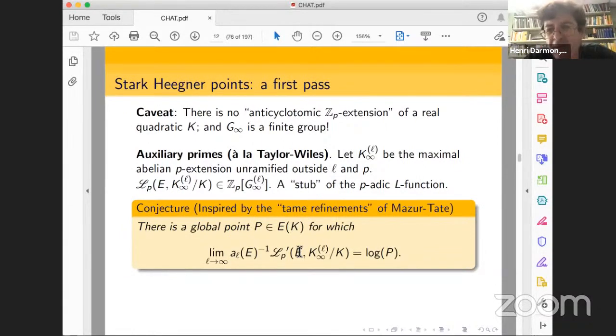And so that belongs canonically to this G_infinity^L, which has a description in terms of class field theory. It's closely related to a finite quotient of the multiplicative group K_p^*.